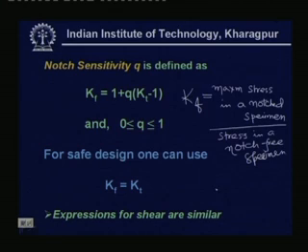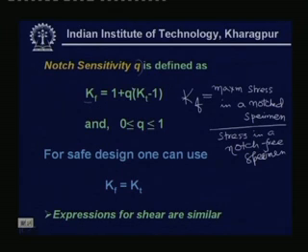So this is coming out to be Kf equals to 1 plus q into Kt minus 1. So, what we have been discussing just comes down to this one. So, this equation Kf equals to 1 plus q into Kt minus 1 is the definition through which we define the notch sensitivity q.